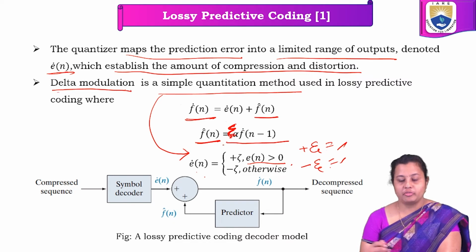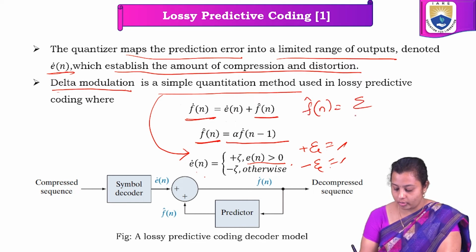If the order of my predictor is m, then I can write f cap of n is equal to the summation from i equal to 1 to m of alpha times f dot of n minus i.